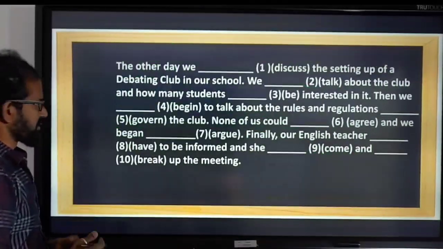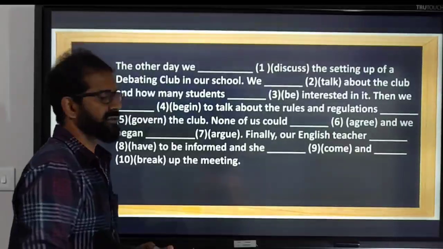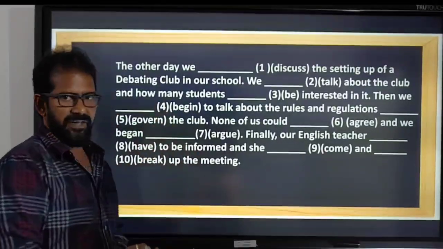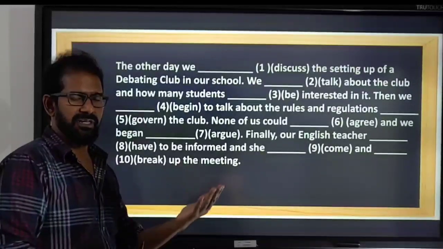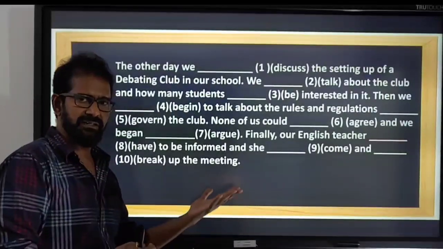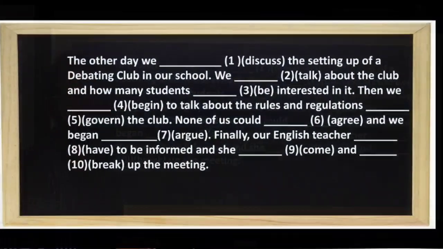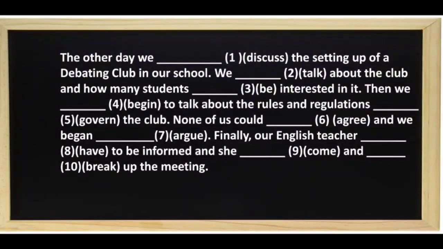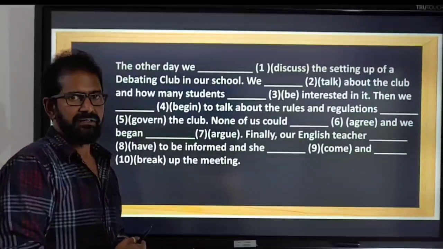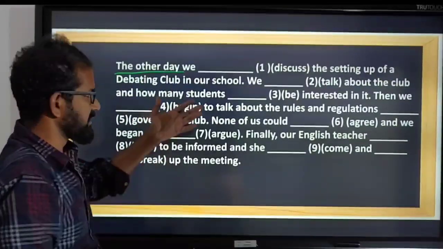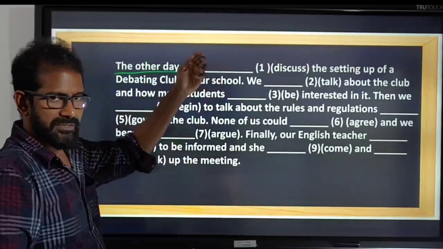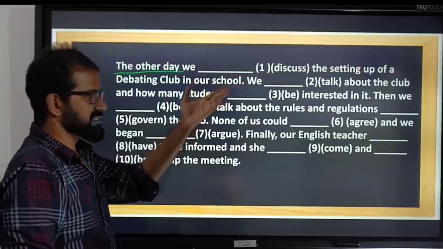Let's take one more example. Read the paragraph carefully and understand it, and then decide what tense is supposed to be used. First, read the paragraph carefully. Right. The other day. Now we decide whether the paragraph is supposed to be filled with past or present.